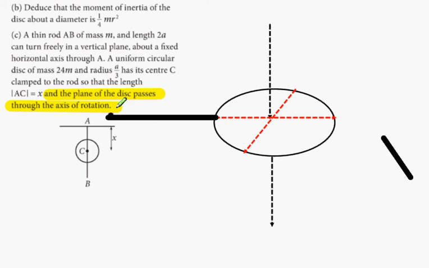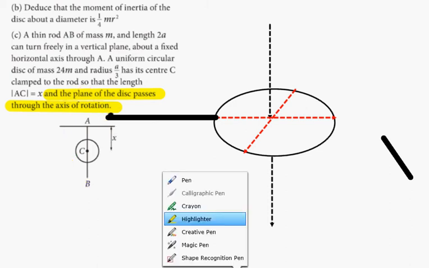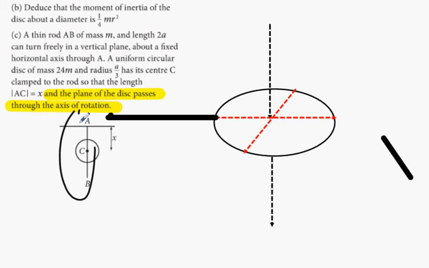We're flipping it so it's going like this, and it's going on its side. If you can imagine this coming out of the board and rotating back in behind, it's a bit like this.